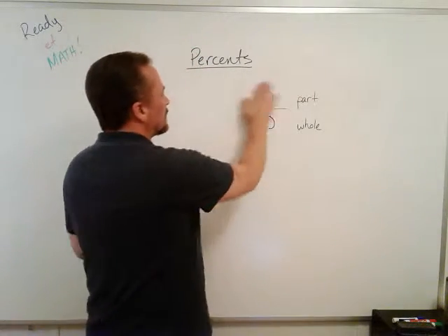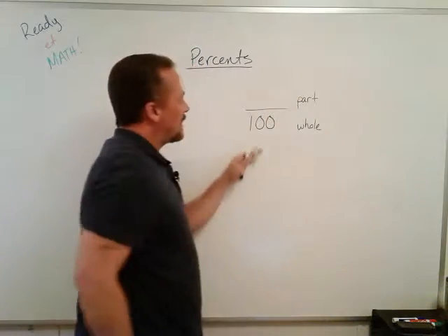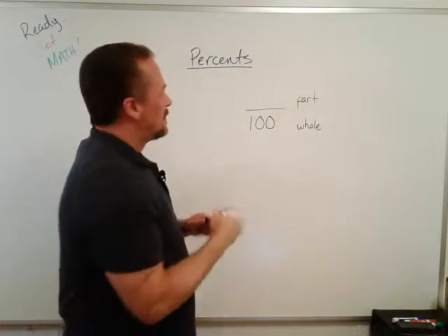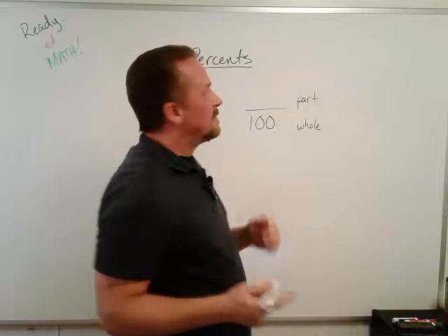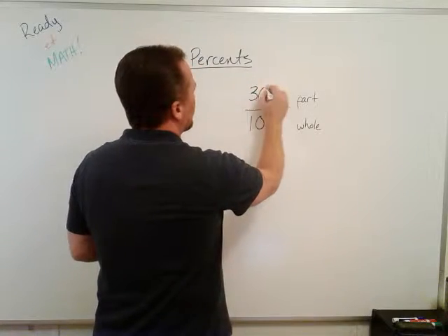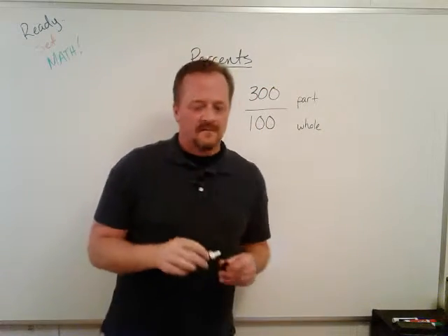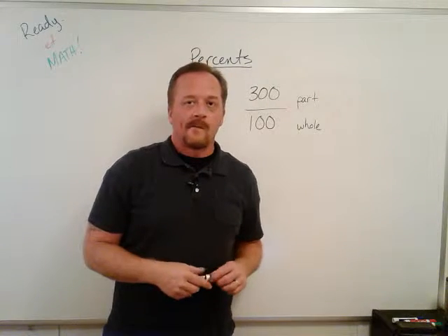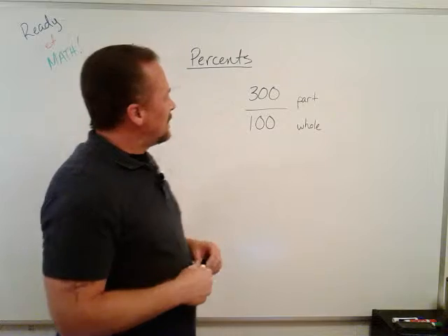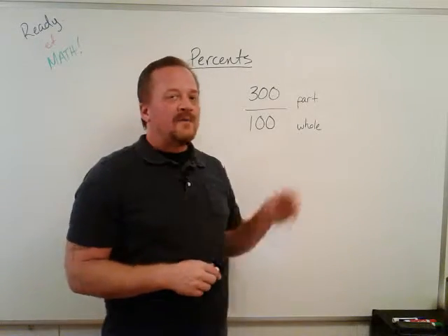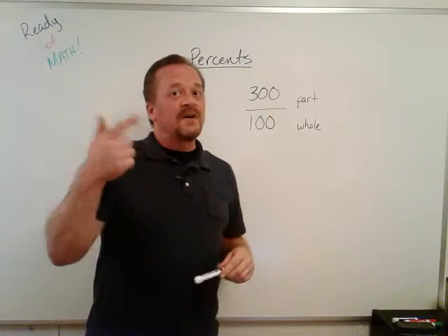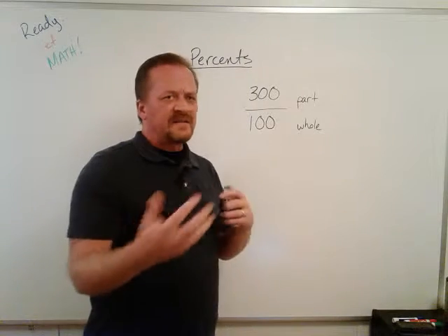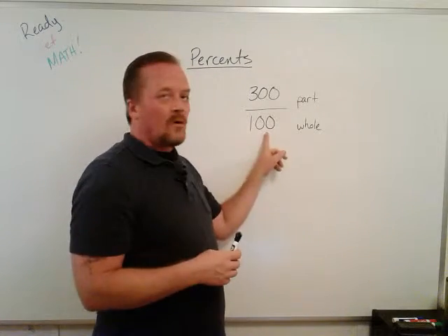What if I told you, though, that out of 100%, I still have 300%? Does that make any sense? Can it make any sense? Well, it's kind of weird to look at, but when you see something like this, 300%, how many times bigger is that than one whole?